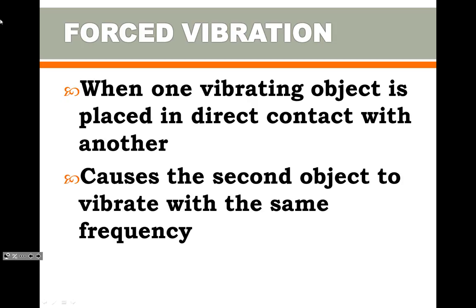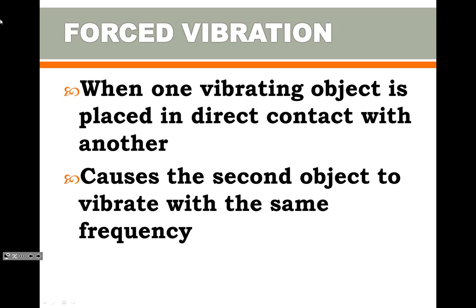All right, so right now, again, back to the tuning forks. When I strike my tuning fork, and then I would touch water with that, the sound energy in that wave is going to be transferred into the water, and so the water is going to generate waves with the same frequency as the tuning fork. So you're just forcing that vibration onto another object. That's all this really means.